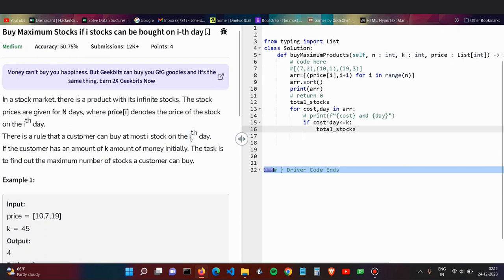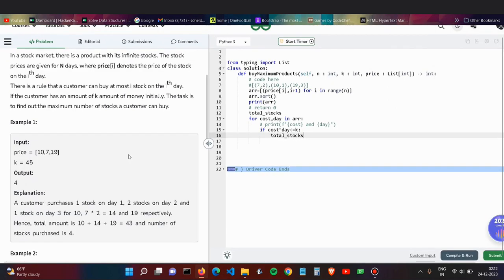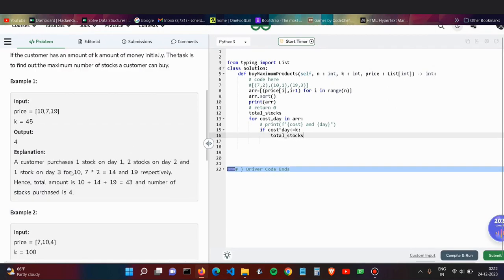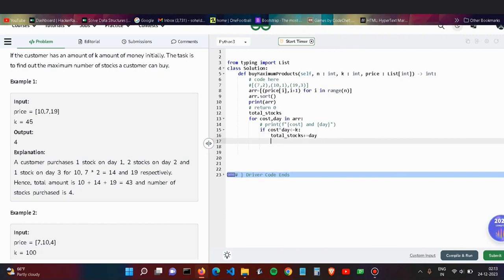So it means that if it is the 4th day you can buy 4 stocks, if it is the 5th day you can buy 5 stocks, okay. So total stocks will basically be incremented by the number of days, okay.